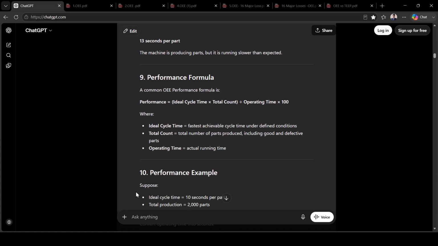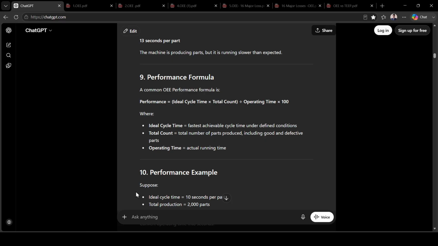Then the performance formula. A common OEE performance formula is: performance equals ideal cycle time times total count divided by operating time times 100 percent. Here the ideal cycle time equals the fastest achievable cycle time under defined conditions.